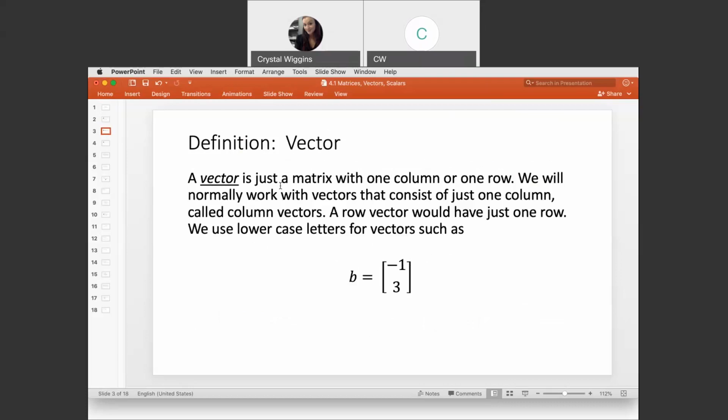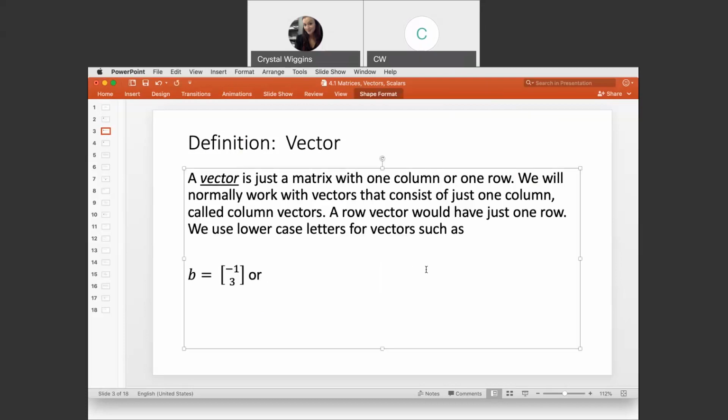Okay, a vector is just a matrix, but specifically with just one column or one row. So we can have column vectors or we can have row vectors. So that's one thing I forgot to put in here, was what a row vector would look like. Let me actually put it inside here.